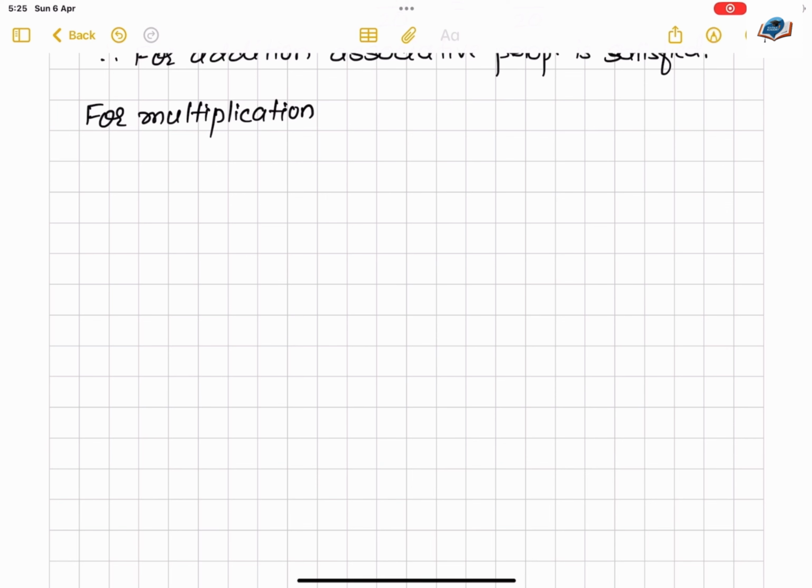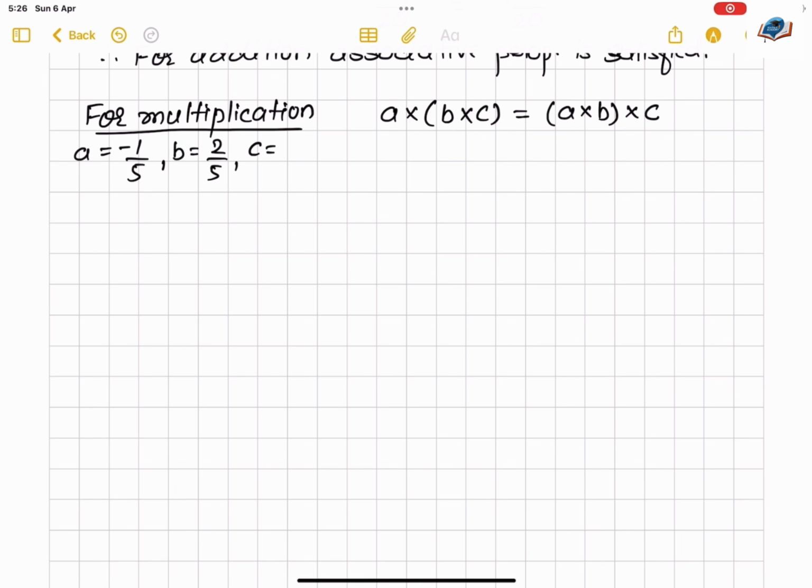So for multiplication, again, it says A multiplied by B multiplied by C should be equal to A into B into C. Again, A we have taken as minus 1 upon 5, B I have taken as 2 upon 5, and C I have taken as minus 3 upon 4.